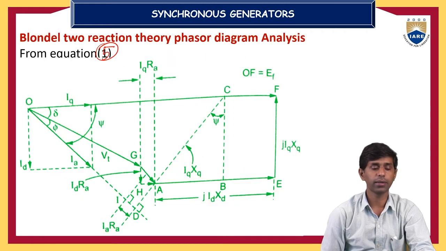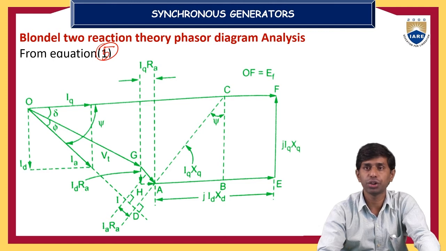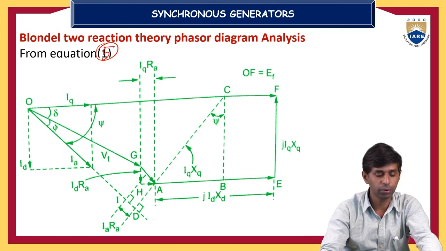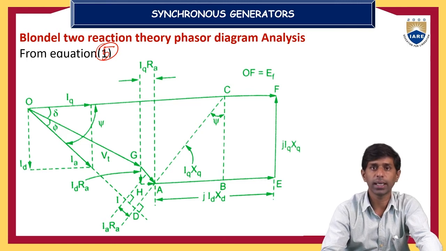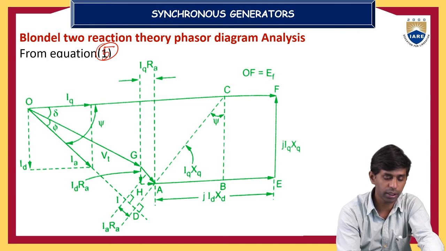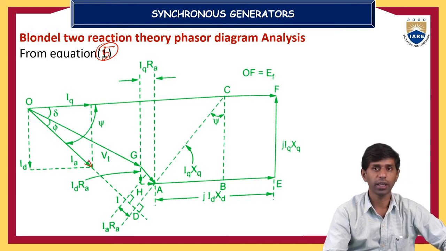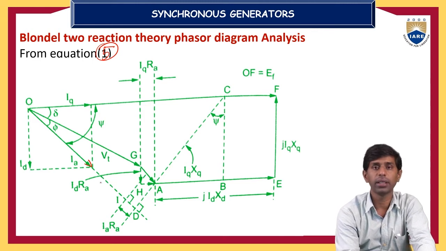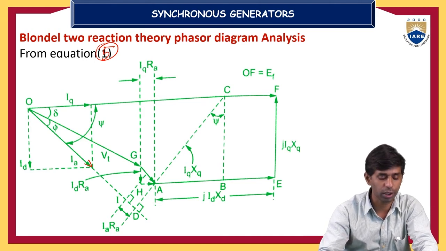This is the vector diagram with the unknown voltage, that is the excitation EMF EF. First of all, draw ID and IQ, the direct axis component current as well as the quadrature axis component current. The vector combination of these two gives you the armature current IA, and the terminal voltage VT lags IA by angle phi. I am assuming a lagging load power factor condition.